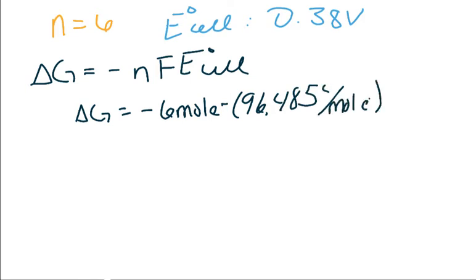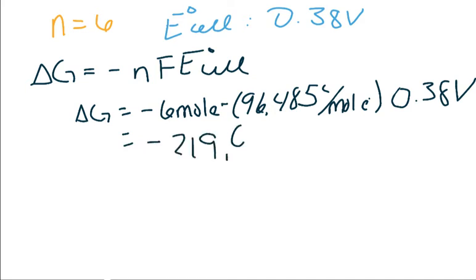All right, and then our E cell. If you multiply all of that together, you get negative 219,986 coulomb volts. What the heck is a coulomb volt?